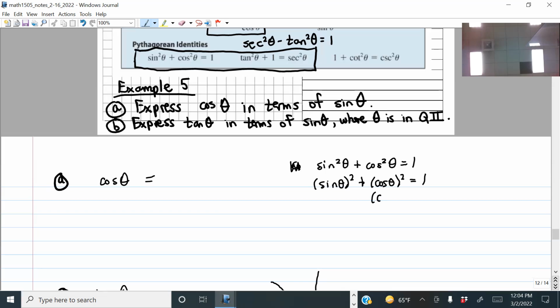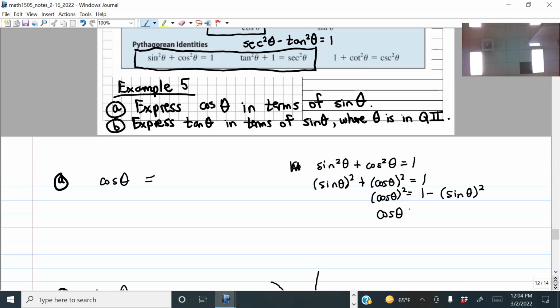So you would get cosine squared theta is equal to 1 minus sine squared theta. Now we should be easily able to solve that for cosine. How can you solve that for cosine now? Just take the square root.